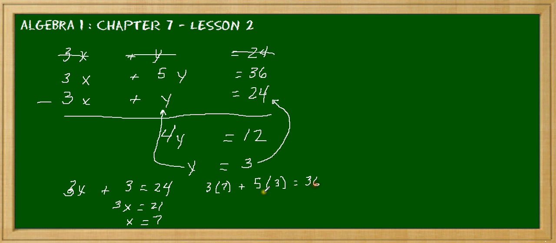Okay, so what do we have? 3 times 7 pounds is going to give us 21 pounds, plus 5 times 3 pounds is equal to 15 pounds, and that should be equal to 36. And when you add the 2, yes, you get 36 is equal to 36. So we checked our answer as well.